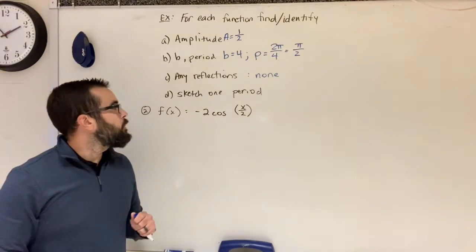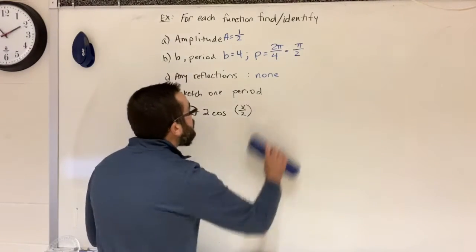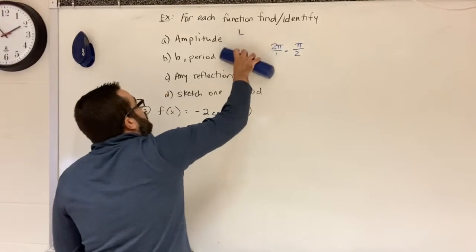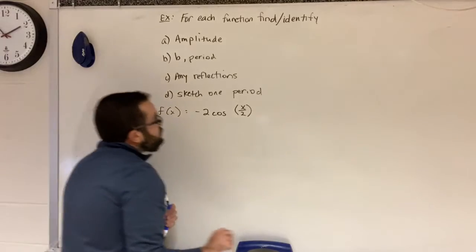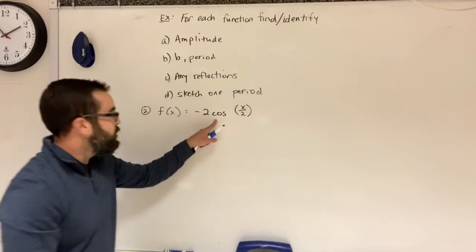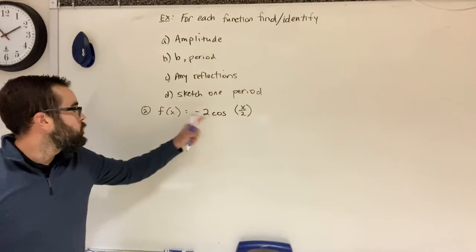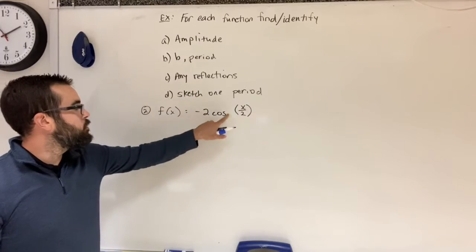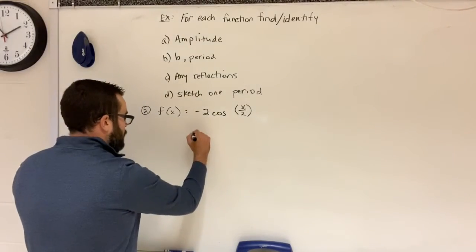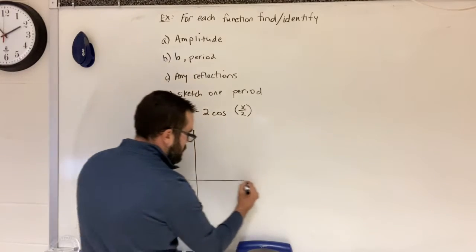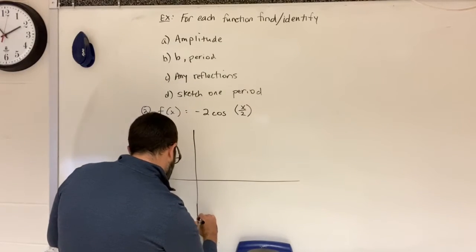All right, let's look at another example. Let me erase the values from the last problem. So we have a cosine function this time. So we have f of x is equal to negative 2 cosine of x over 2. So I'm going to draw the cosine parent function to start.